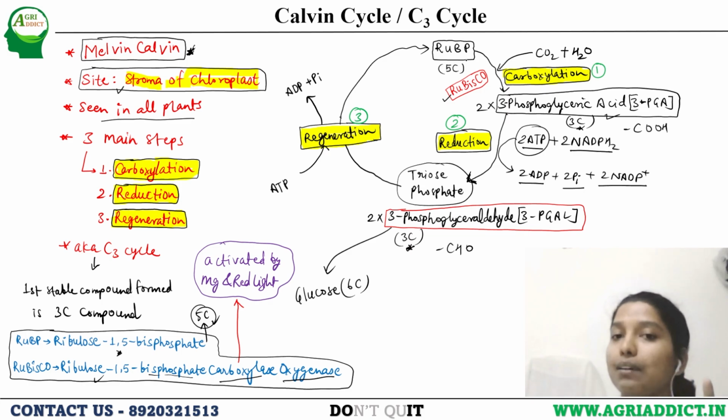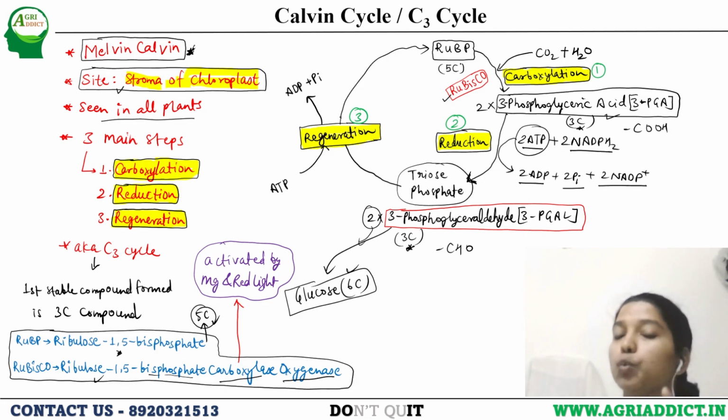Here RuBP, 5 carbon, combines with 1 CO2. It is 6 carbon, so now two molecules of 3 carbon compound are formed. 3 plus 3 is 6, okay, balanced. Then these two molecules get reduced to 3-phosphoglyceraldehyde. One molecule will go for glucose formation and one molecule will go for regeneration of RuBP, because to fix carbon dioxide we need RuBP.